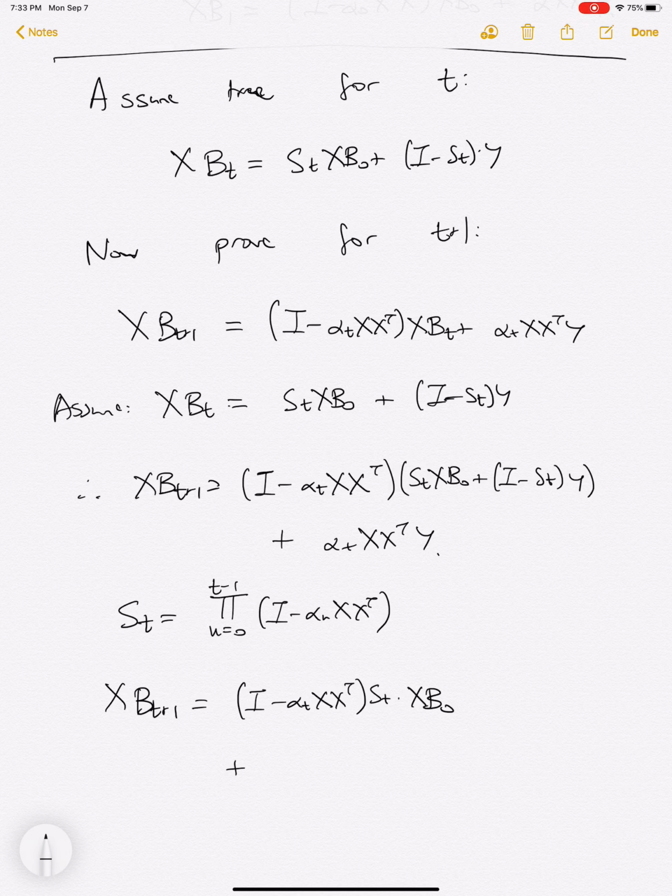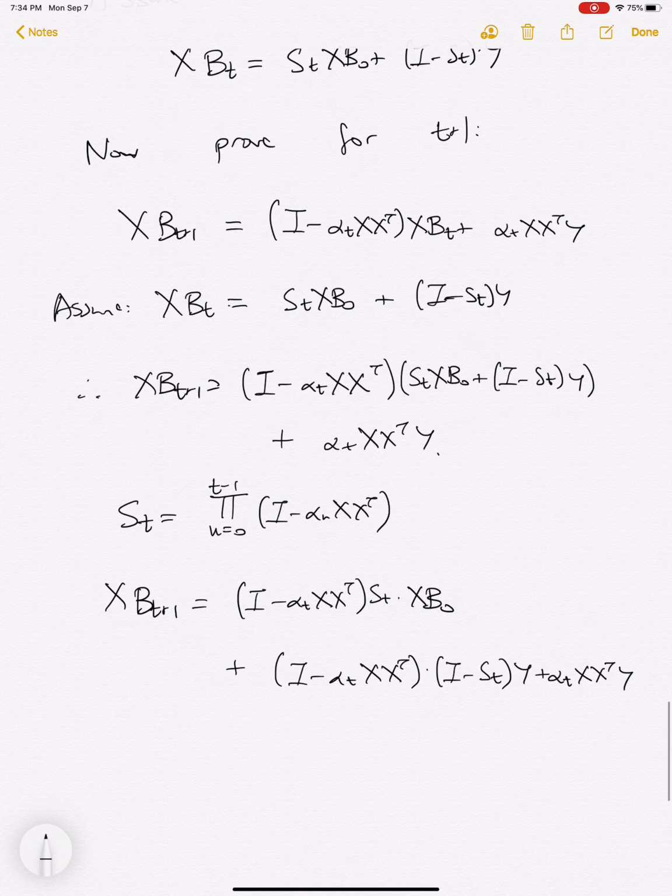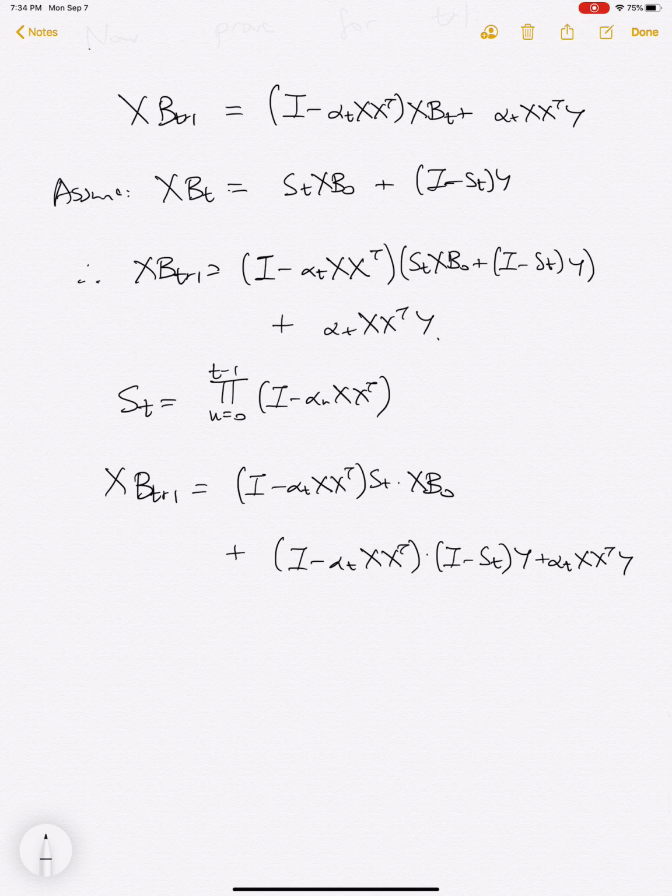And then for y, what we're going to get is this. And so therefore we know that S_{t+1} is given by this expression, where now we're taking the product up to t rather than to t minus 1.